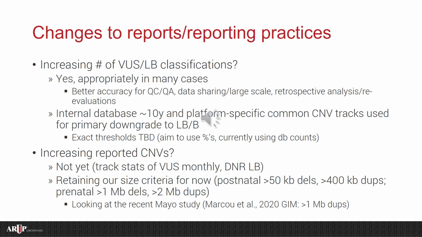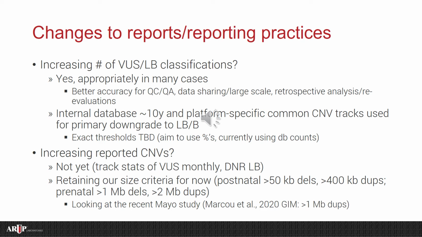Implementing a more standardized approach should provide better accuracy both within and across labs, is necessary to improve the quality of data and data shared on a large scale, and will also facilitate better retrospective data review and reevaluations of previously reported CNVs, which is becoming more commonplace, at least at our institution.